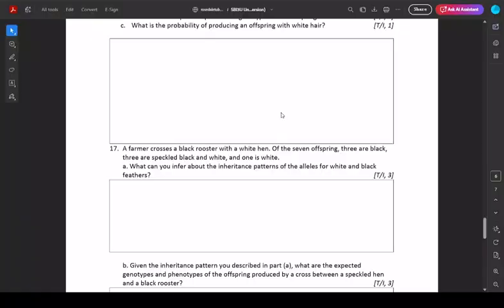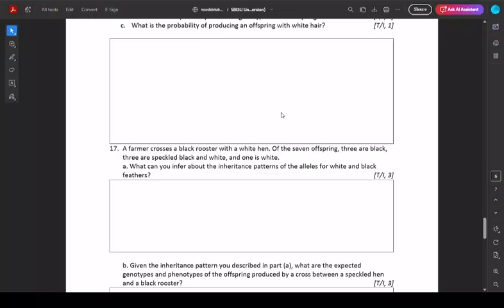A farmer crossed a black rooster with a white hen. Of the 7 offspring, 3 are black, 3 are speckled black and white, and 1 is white. What can you infer about the inheritance pattern of the alleles for black feathers? So we are talking about the special one in this case. This is codominant because they're both expressed at the same time.